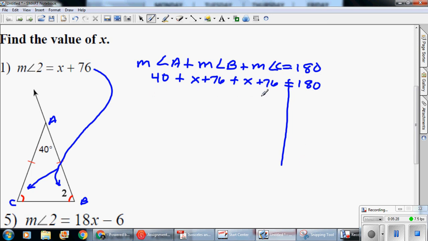Okay. Do we have any parentheses, fractions, or decimals? We have none. So now on the left side, can I combine anything? I can combine like terms. I can combine the 40, the 76, and the other 76.